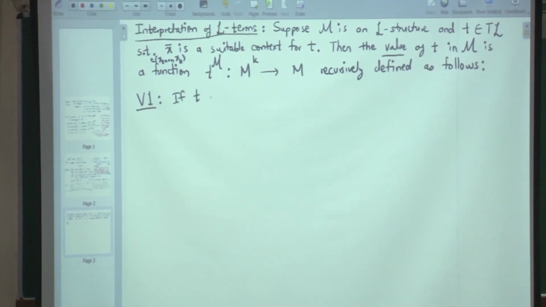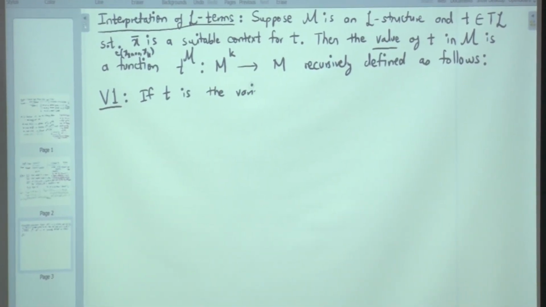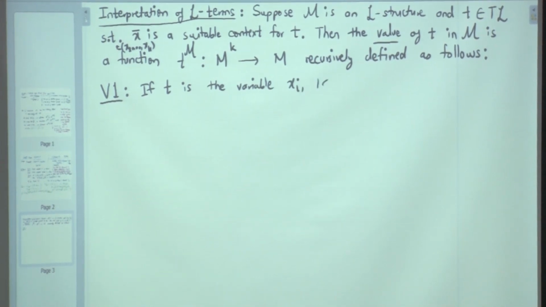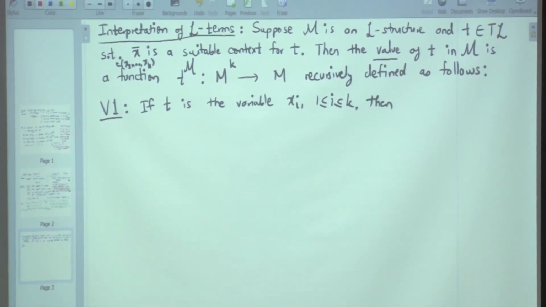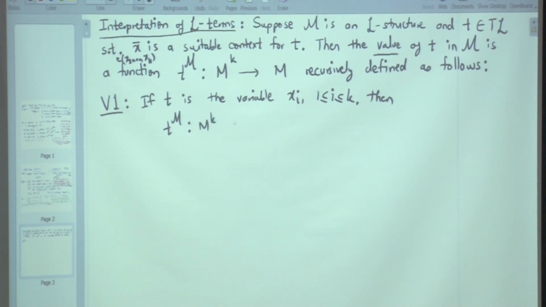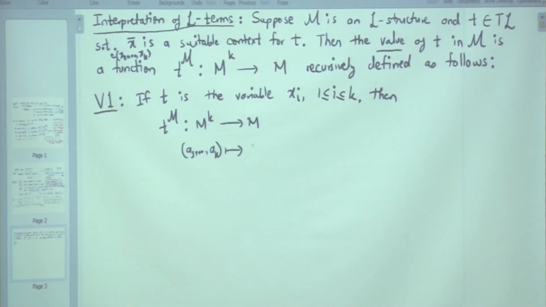If t is the variable xi, where of course 1 ≤ i ≤ k, then t^M from M to the power k to M will take (a1, a2, ..., ak) and map it to ai.